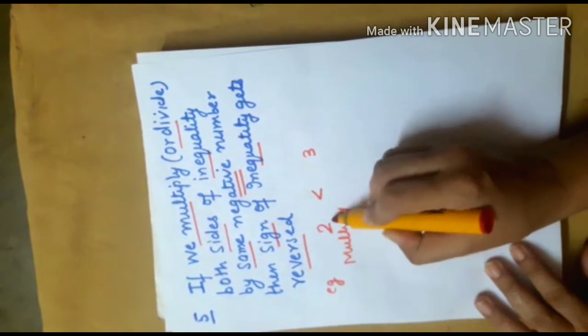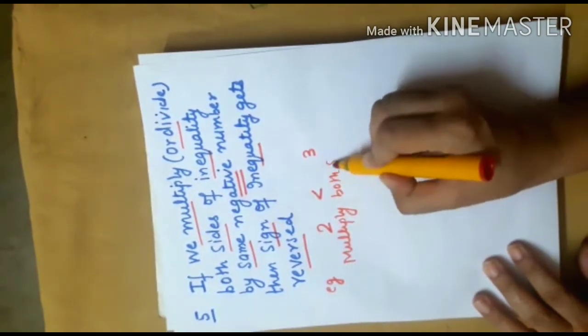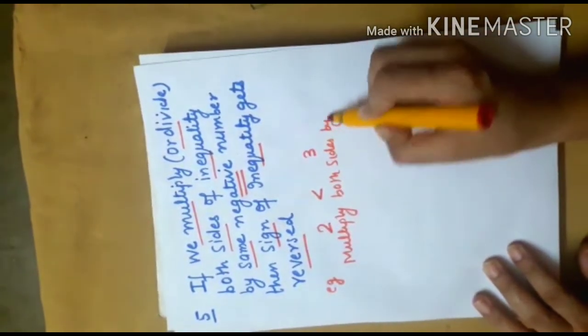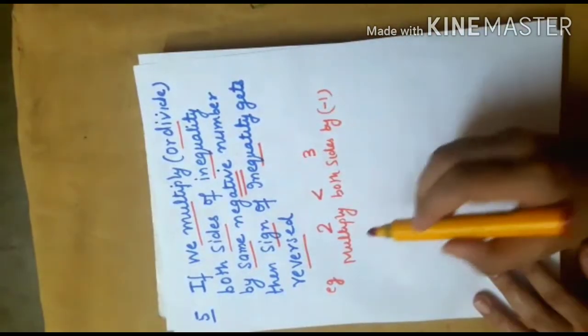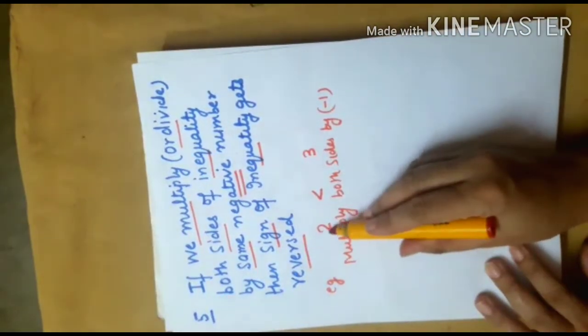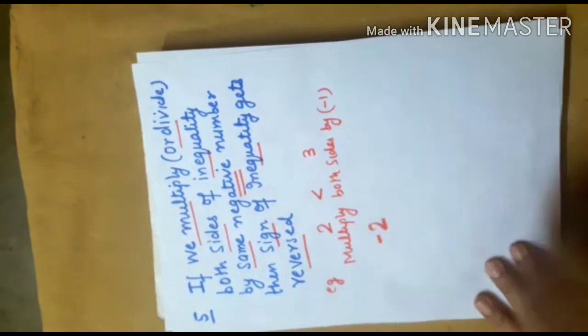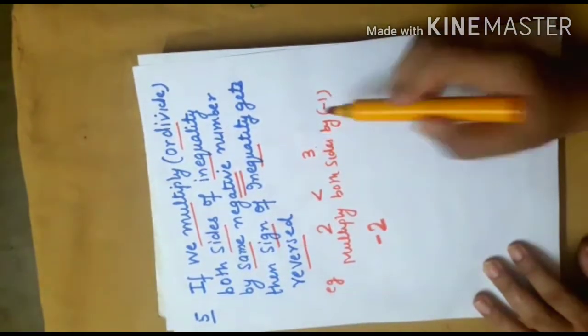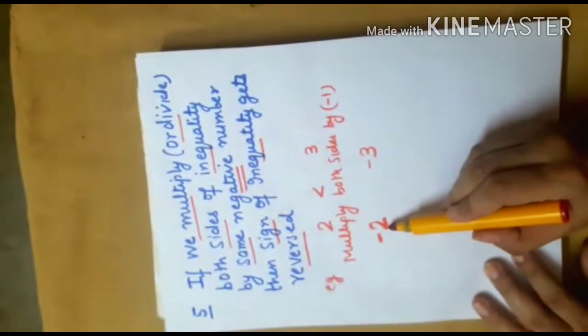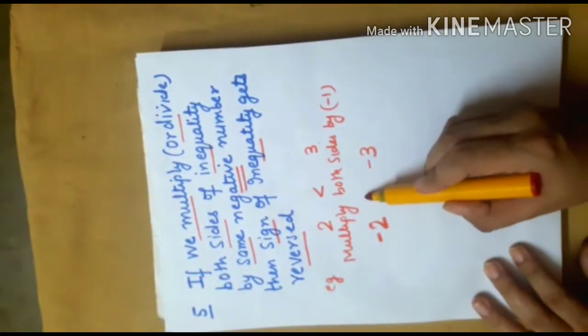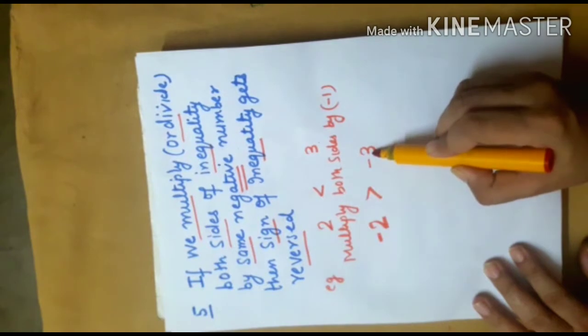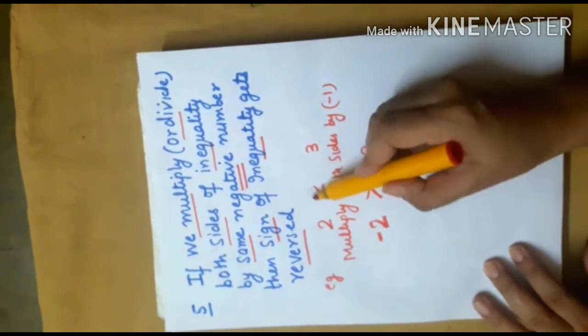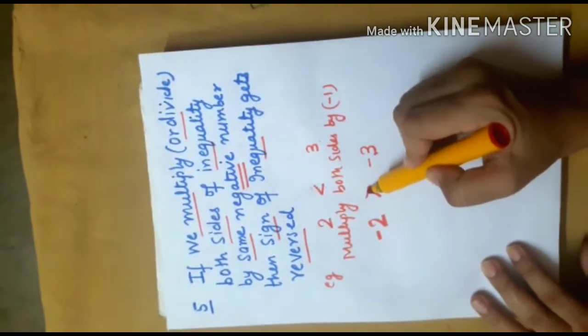Suppose I multiply both sides by minus 1. 2 into minus 1, I'll get minus 2. 3 into minus 1, I'll get minus 3. But now minus 2 is greater than minus 3. So you can see the sign of inequality is reversed.